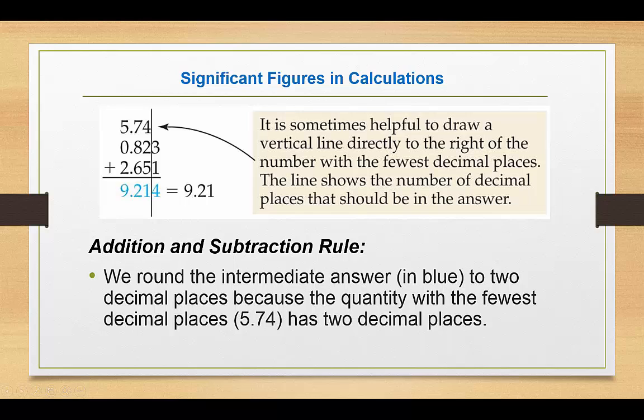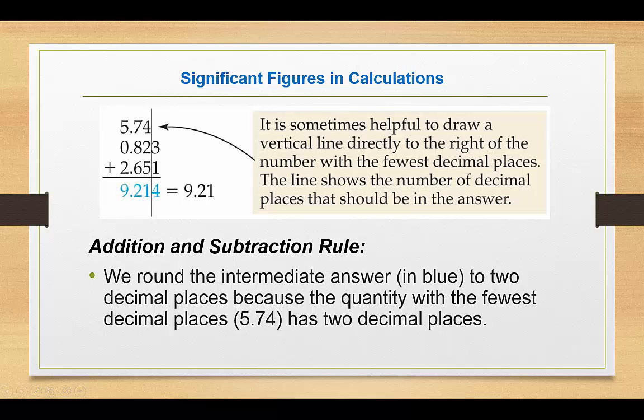So in this case, if I started with my line and moved it, as soon as I got past the 4, there's no other number here to move past, so I have to stop. Okay, that's my cutoff point. I look down here, 2 decimal places, so 9.21. The 4, not big enough to round up the 1, so I leave it as 1, 9.21.